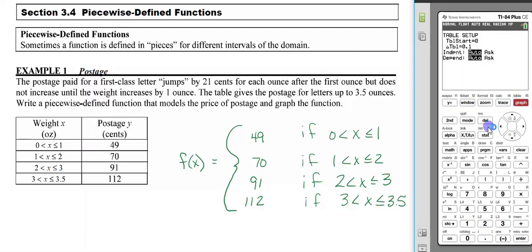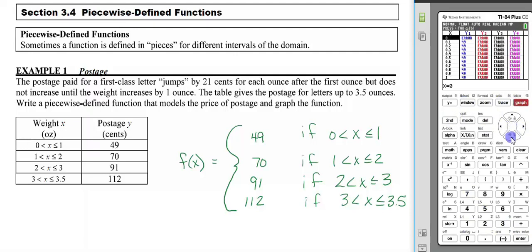And then when you look at the table you get a lot more useful information. So up to 1 ounce it's 49 cents. Once you hit over 1 ounce it's 70 cents. Once you hit over 2 ounces it's 91 cents, and once you hit over 3.1 it's 112 cents.